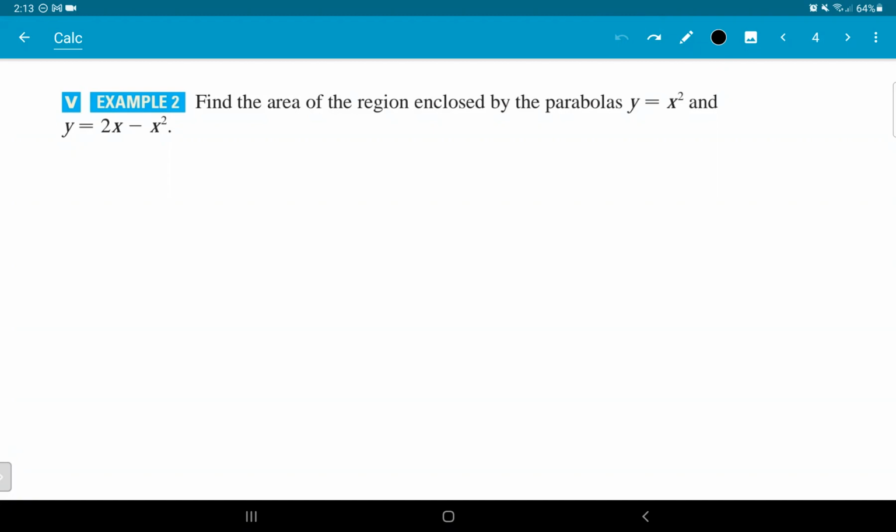And when that is so, that means that the region in consideration is enclosed, as stated by the word given there, enclosed, so that these two actually bound the region. They serve as already the sides that enclose the region.